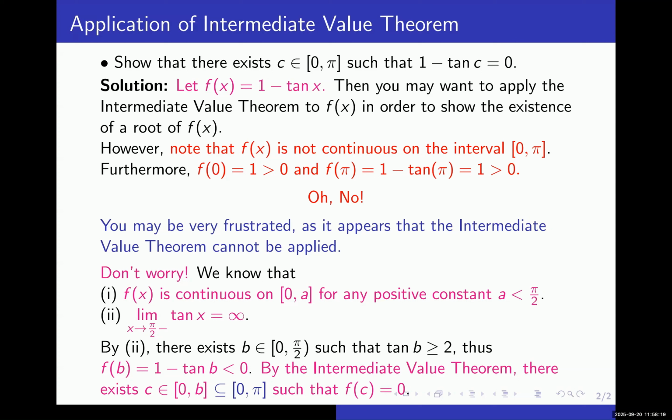Actually, b is much less than pi, because b is less than pi over 2. So now we are ready to apply the intermediate value theorem. Then there exists some c between 0 and b such that f(c) is equal to 0.